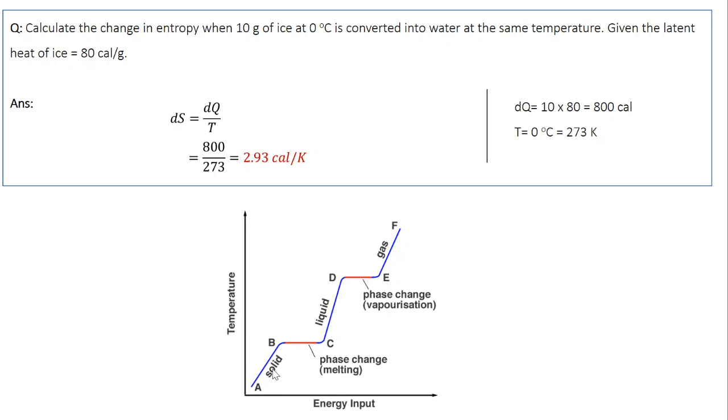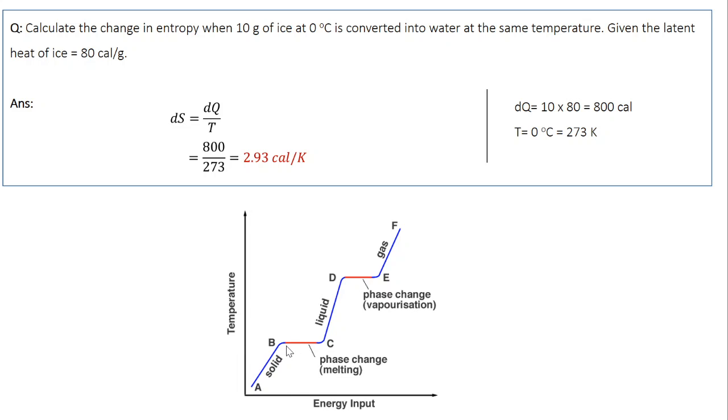So suppose you have a piece of ice at minus 10 degrees Celsius. You supply heat to it, slowly its temperature increases, finally it reaches 0 degrees Celsius. Now what happens? The ice slowly started getting converted into water, right? Now during this process, when you increase heat energy, the temperature is not going to increase.